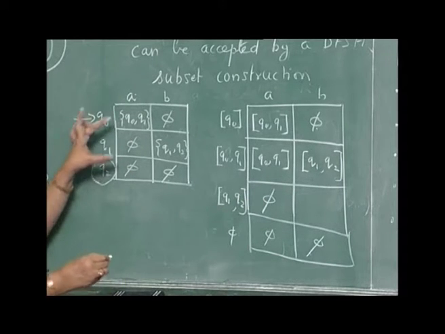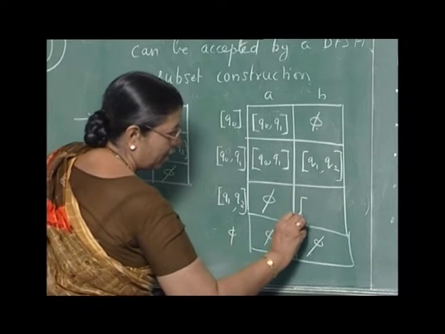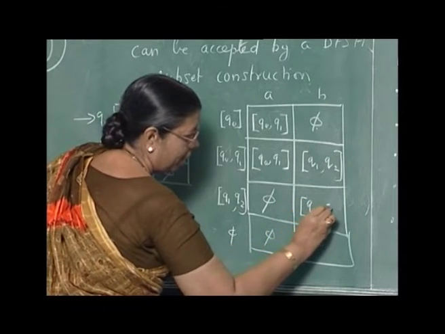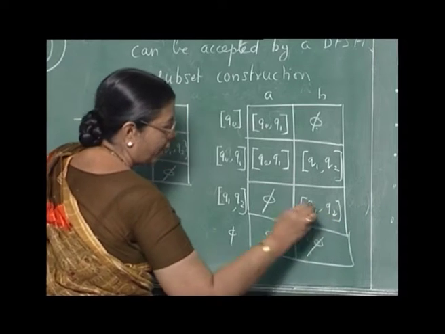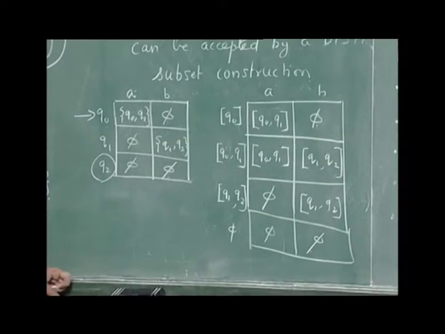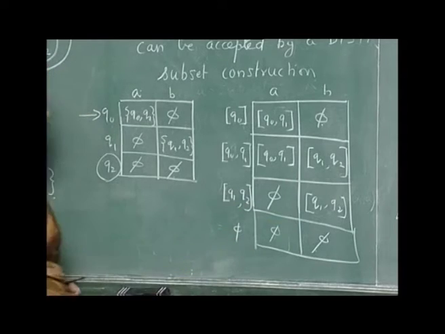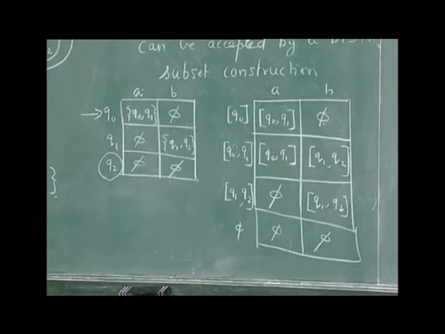From Q1 and Q2 if you get a b, you have to take the union of these two, that is Q1, Q2. This you have already considered. So, the whole table is over now. Here remember that each one is a single state. Okay. Now, look at this diagram.